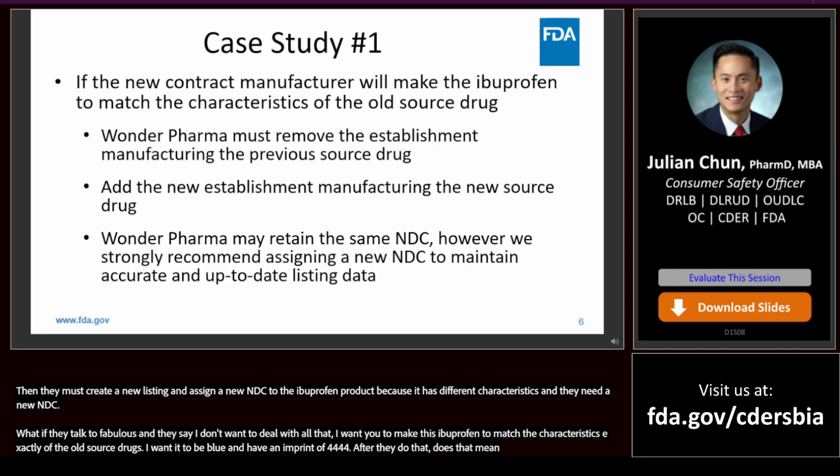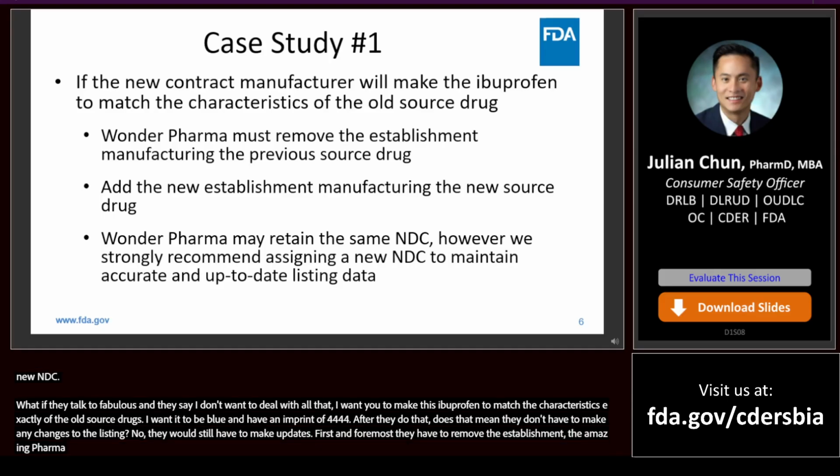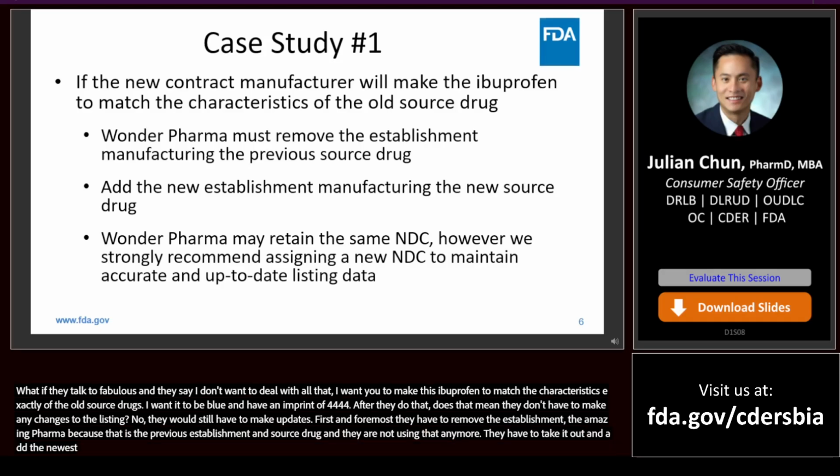Well, no, they would still have to make updates. First and foremost, they have to remove the establishment, the Amazing Pharma, because that's the previous establishment, the previous source drug, and they're not using them anymore. So they've got to take them out. Then they have to add the new establishment manufacturing the drug. So then they have to add in Fabulous Pharma.